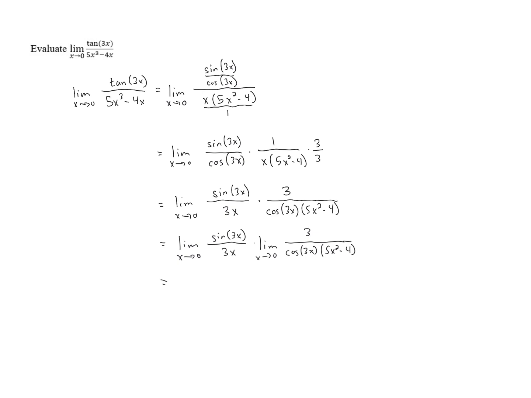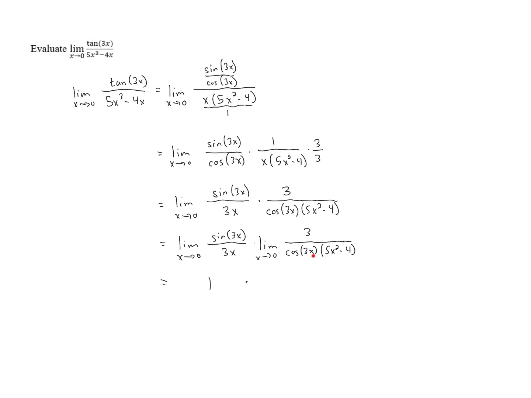Now this first limit, we've done enough of these to know that this is equal to 1 times this second limit. It might look complicated, but we can use direct substitution here.